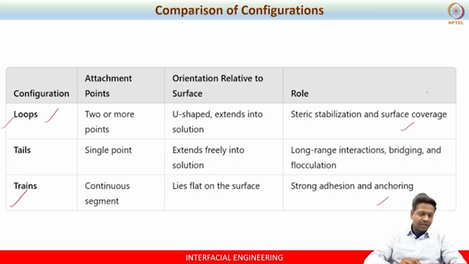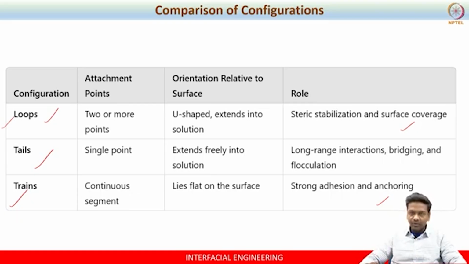Okay, but in the case of tails, in contrast to loops and trains, when it assumes a tail-like configuration, basically it anchors onto the surface at a single point but extends freely into the solution, which means that the rest of the segments protrude outward from the surface into the bulk solution.